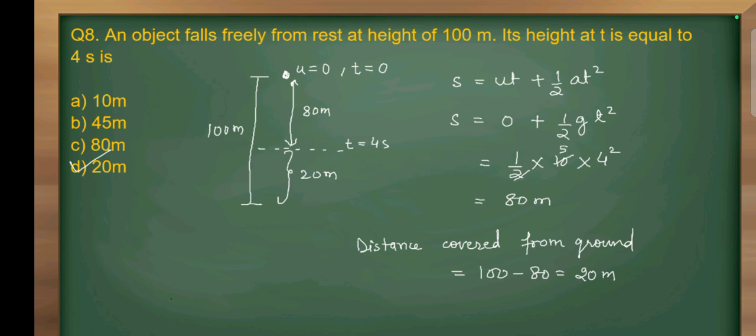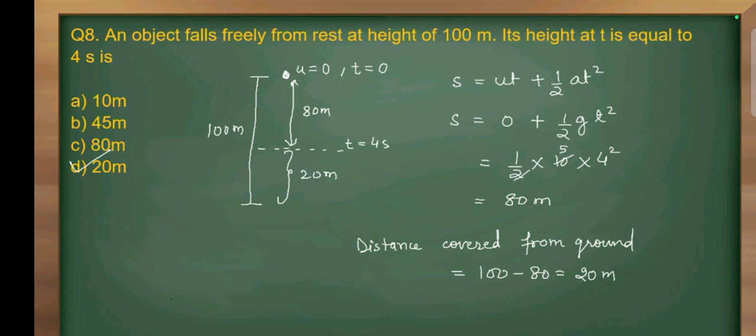So we will use the second equation of motion, that is s is equal to ut plus half at square. Initial velocity is given as 0. Acceleration here will be acceleration due to gravity and we will substitute all these values. So 1 by 2 into g, which is 10, and time is equal to 4 second.